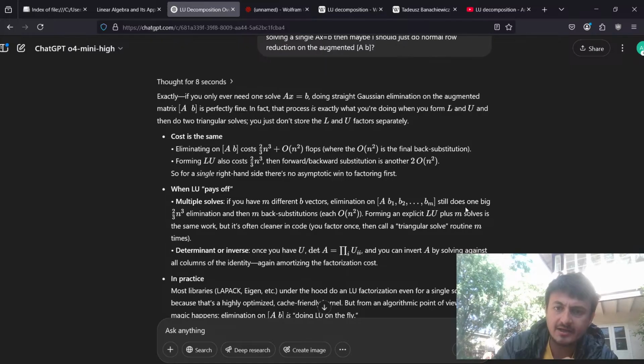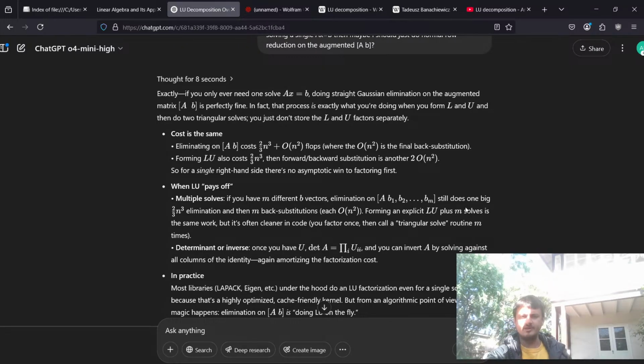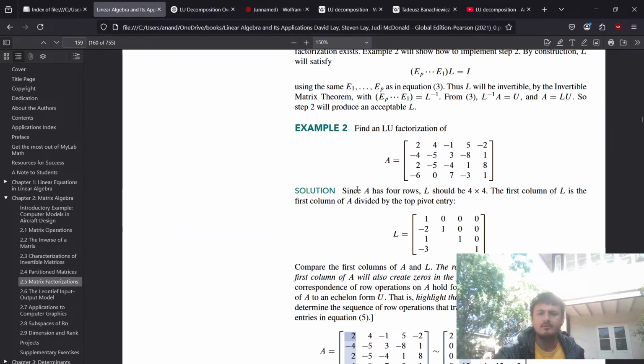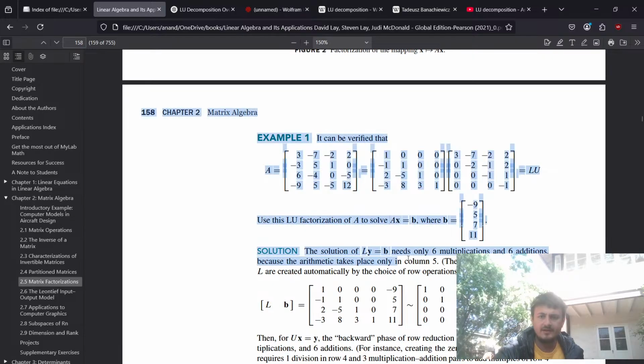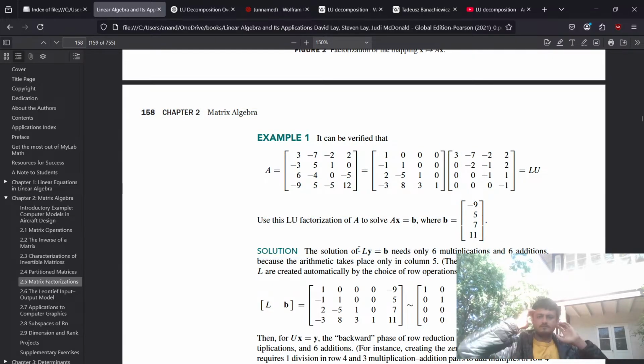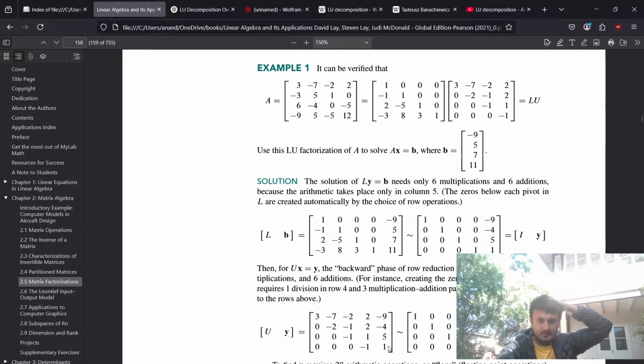Now, I don't understand how to actually solve Ax = b using the LU. I don't understand this part. So I get how we get y, but the backwards phase.